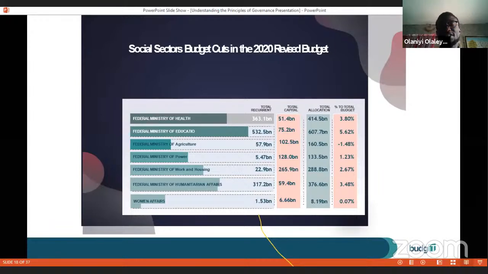Out of this money, I want everybody to be looking at the screen, the first row is 363 billion. The 363 billion will be used to pay salaries out of 414. Only 51 billion of this money is going for construction of hospitals, construction of primary health care centers. So that means over 85% of this money will be spent on payment of salaries.